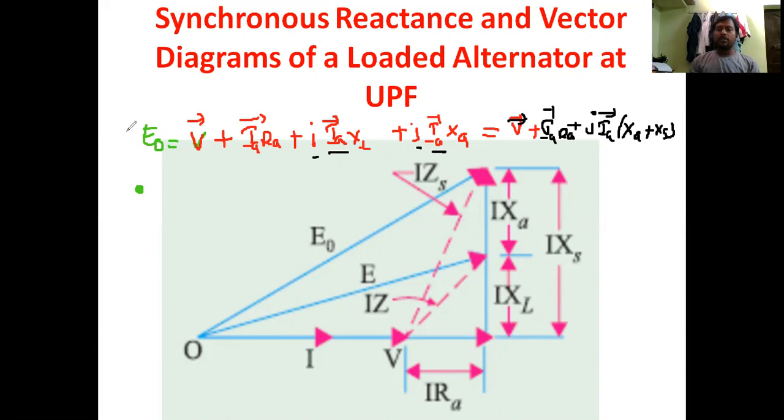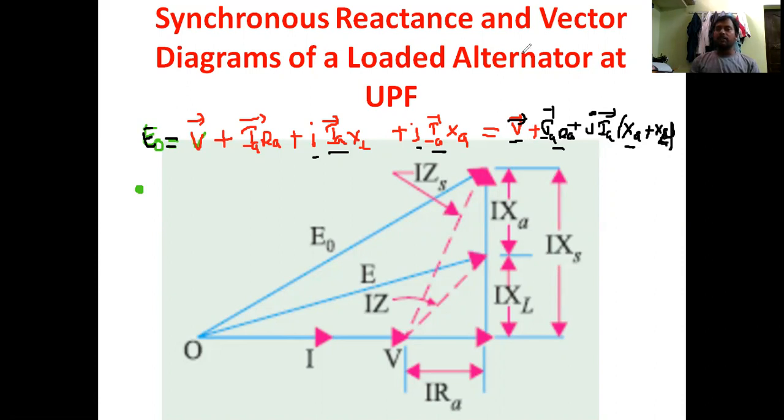So the induced EMF E naught can be represented in terms of load voltage, armature resistance RA, and the imaginary terms, leakage reactance XL and armature reaction reactance.